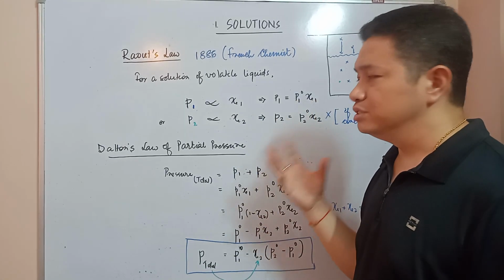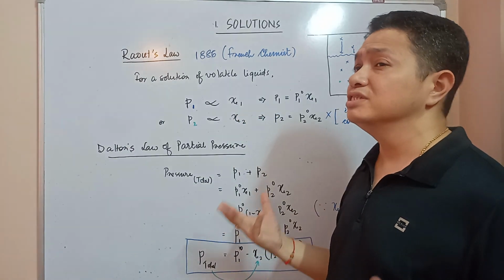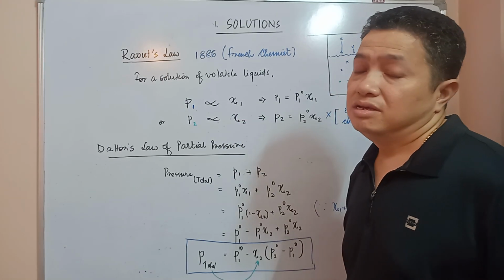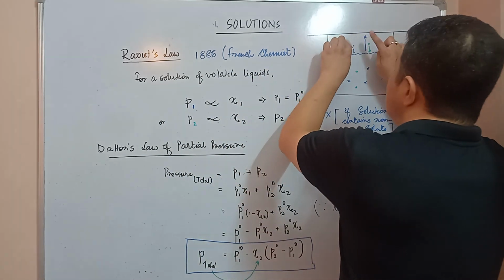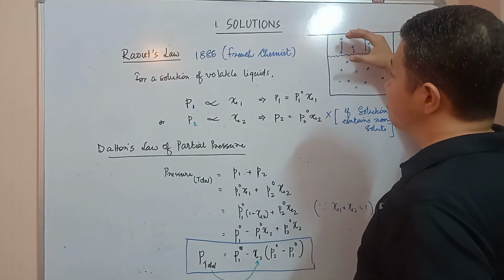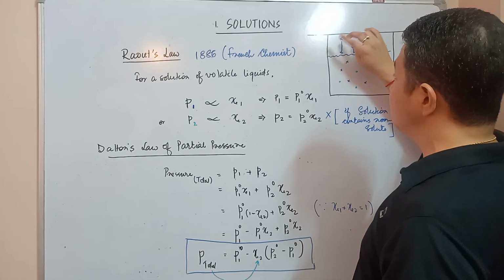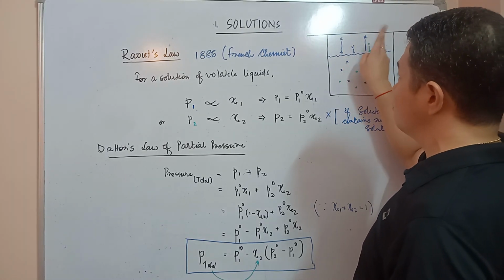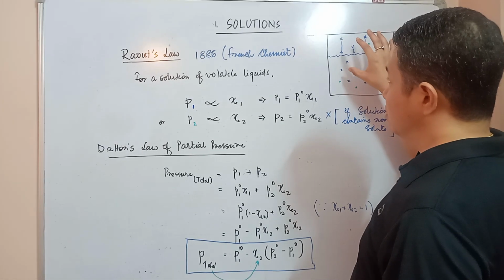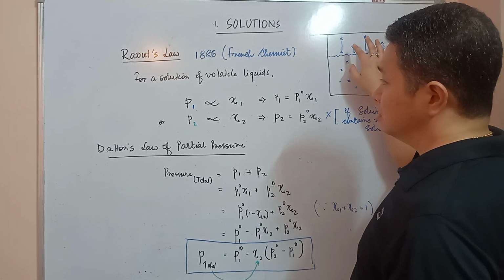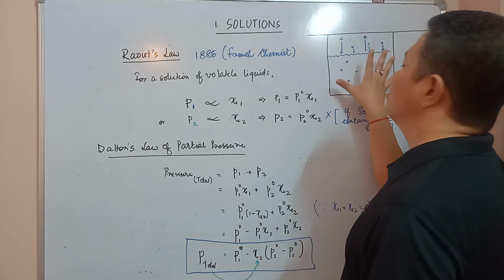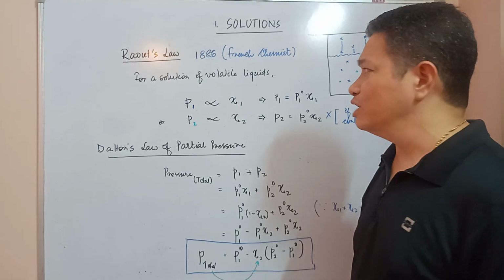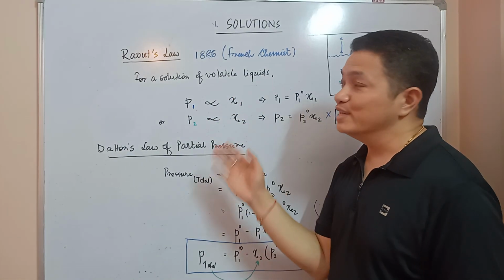In simple words, it's just the concentration of component number one. So the partial vapor pressure of a component in a solution is proportional to its mole fraction, or just say concentration. It's quite obvious. This is known as Raoult's law.